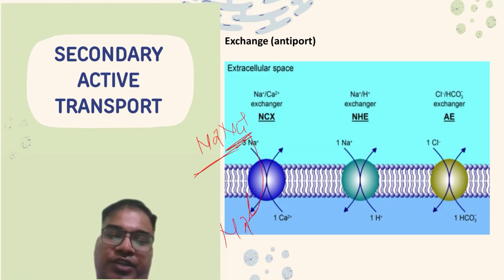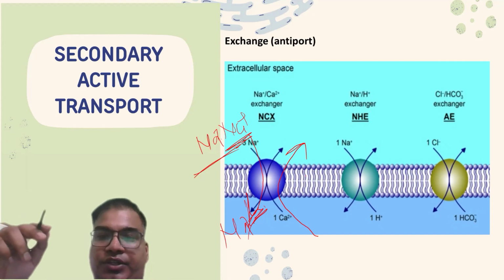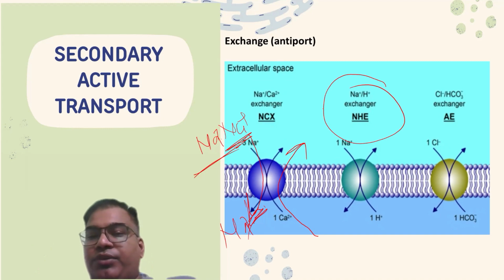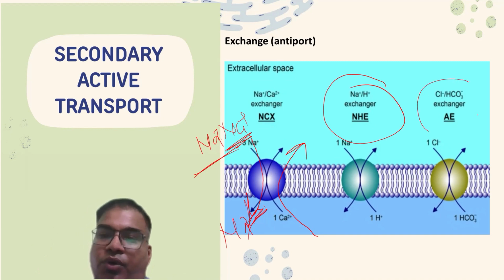Sodium is moving inside the cell, but the calcium is moving outside the cell. So there is an opposite direction. It is called counter transport, counter secondary active transport, or exchange or antiport. Other examples are the sodium hydrogen exchanger or chloride bicarbonate exchanger. There is an opposite direction.